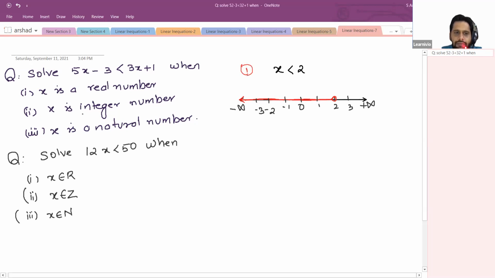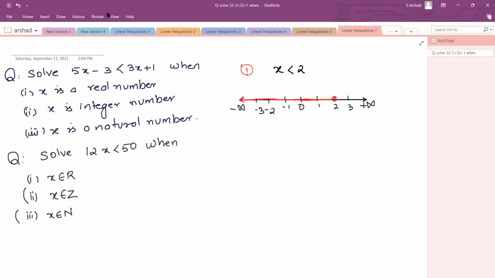Please try the second one. X is an integer number. Can anyone tell me what's the answer? X is an integer. Please.